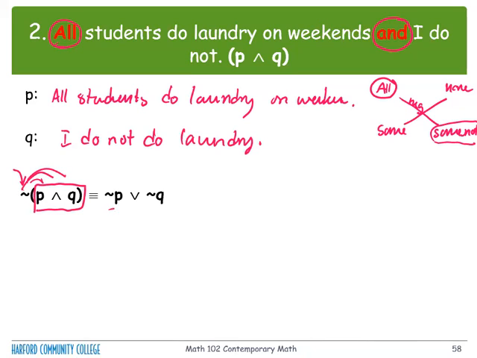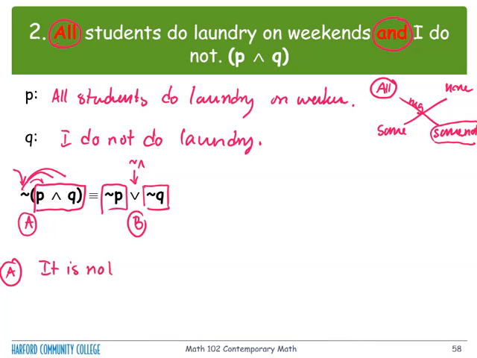The negation of P is not P, the negation of and becomes or, and the negation of Q is not Q. We can write it as option A and option B. For option A, since we do the negation, we just write "it is not true that," followed by exactly the same original compound statement, no change.